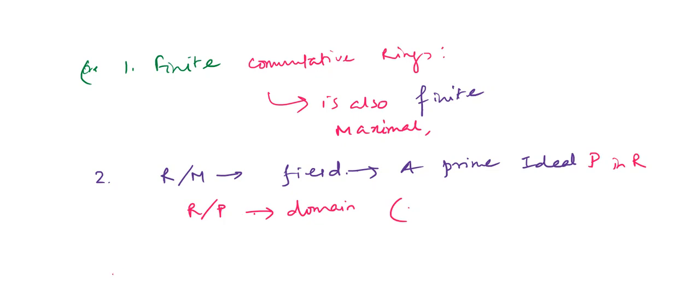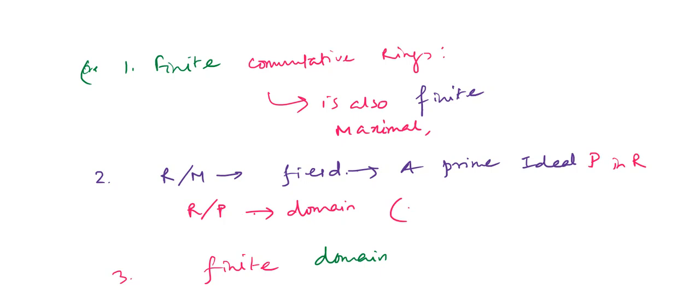And now we can check the third case. The special case for finite rings: R is finite, so R by P, the quotient ring by the prime ideal, is a finite domain also. But in a finite domain, every non-zero element has a multiplicative inverse. This is because in a finite set, the cancellation law implies the multiplication must form a group structure.